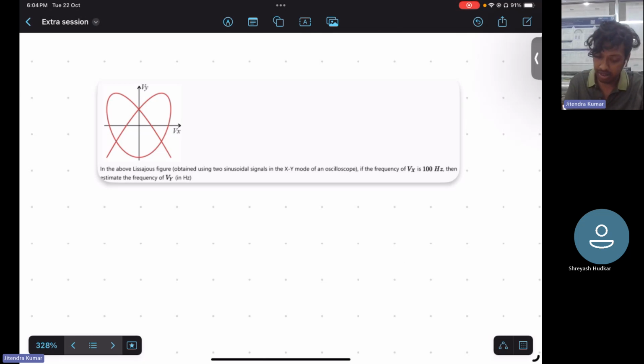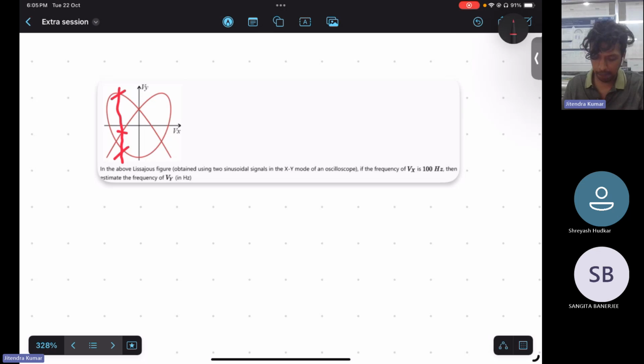The maximum tangency will be drawn in such a way that it cuts the maximum number of times, right? So if I draw it, I think that should be the maximum. The maximum of vertical tangencies should be 3, right? 1, 2, 3. Yes, it should be 3.